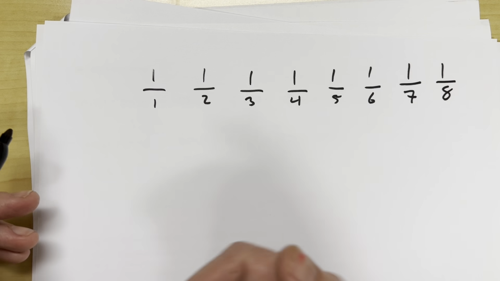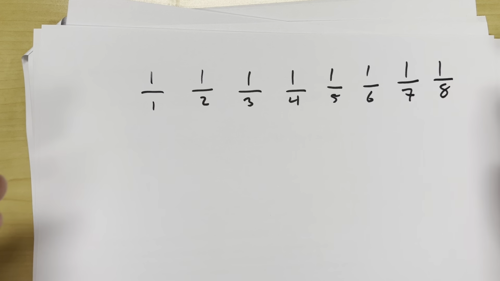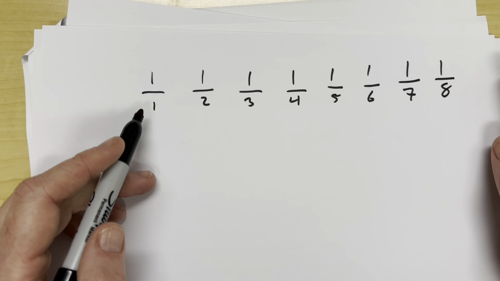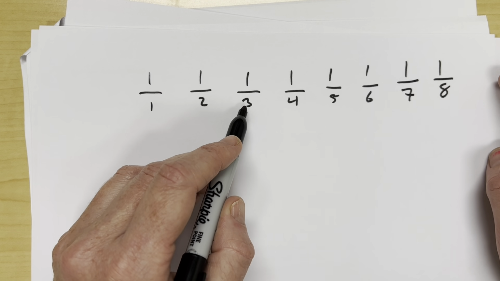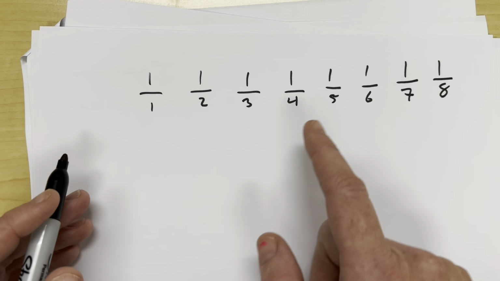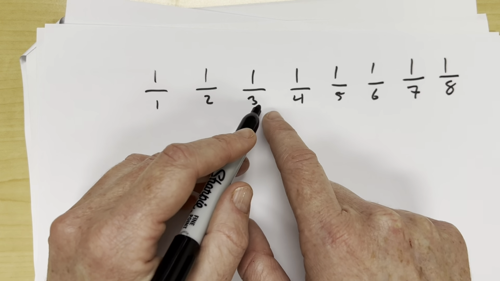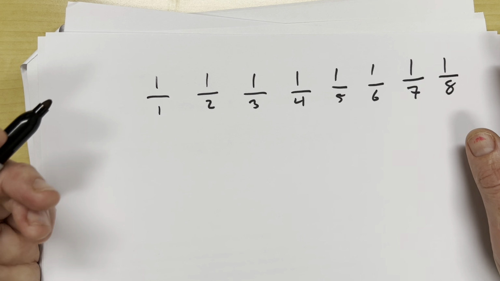As I go from left to right, as I increase the denominator, what happened to the value of the overall number? It got smaller, right? This was 1, this is 0.5, this is 0.33, this is 0.25, this is 0.2, etc. It got smaller. So as this bottom number gets bigger, the overall value gets smaller, okay?